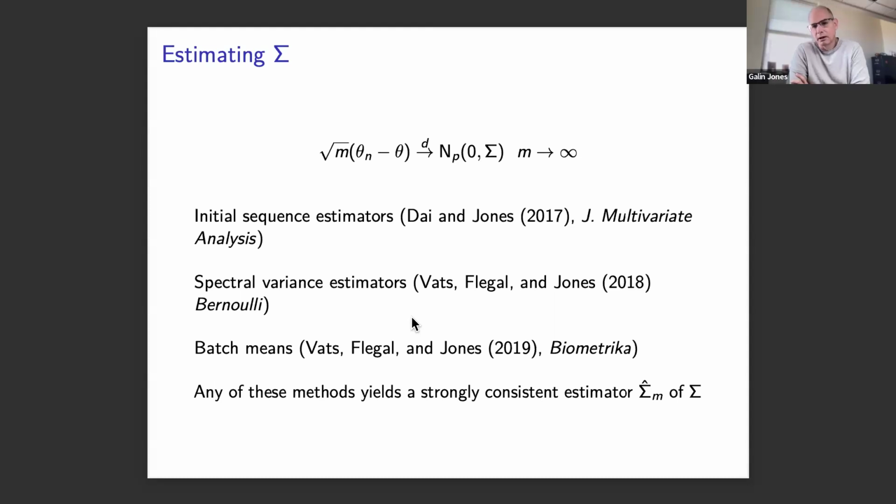I'll mention that there's been a lot of other recent work on extending and generalizing these. Dootika Vats and James Flegal have a very nice alternative estimator called the lugsail, which is a generalization of spectral variance estimators that works really quite nicely. So these are the ones I've worked on, but there are others out there, and others that may be better in some settings.